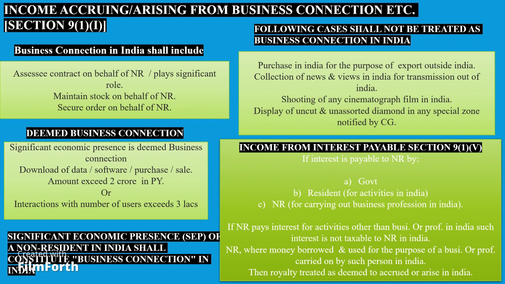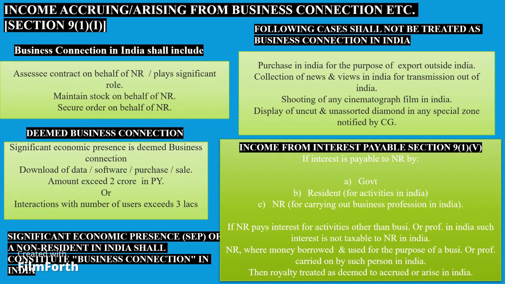However, where a business connection is established by reason of significant economic presence in India, only so much of income as is attributable to the transactions or activities referred to in points 1 and 2 above shall be deemed to accrue or arise in India.